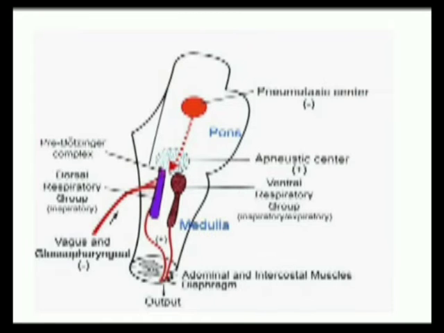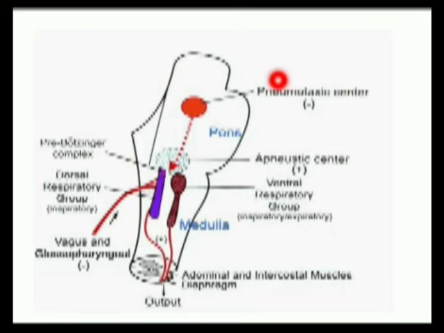We all know that behind all the metabolic activities, the nervous system plays a major role. So in this case also, the pons and medulla play the key role. The pons and medulla are part of our hindbrain. In the pons area, there are two main centers. One is the pneumotaxic center and the other is the apneustic center.